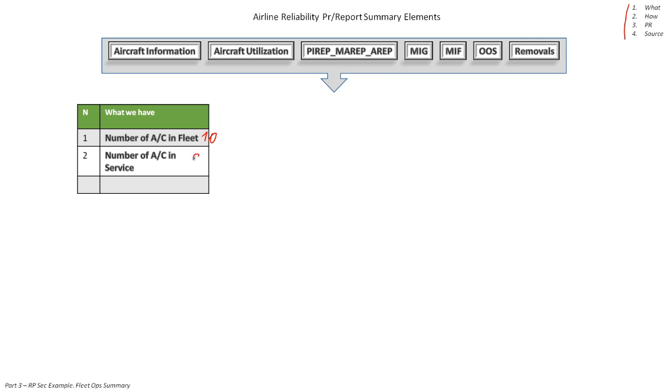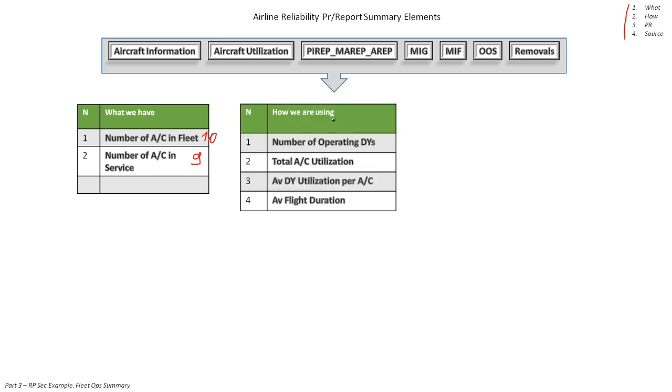So now we have 9 in service. Next, how we are using them. Number of operating days. How many days do we have in December? Calendar days, 31. How many days did we operate? 20, 25, 15, 10. We need this information.